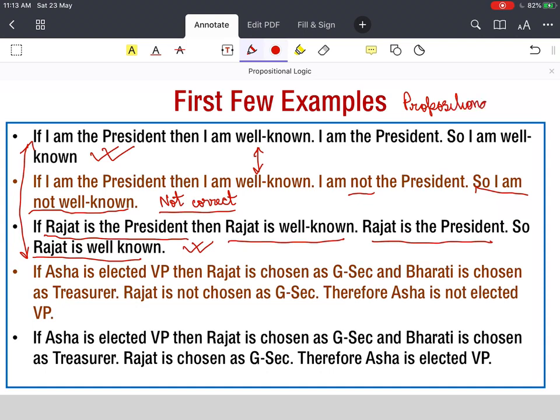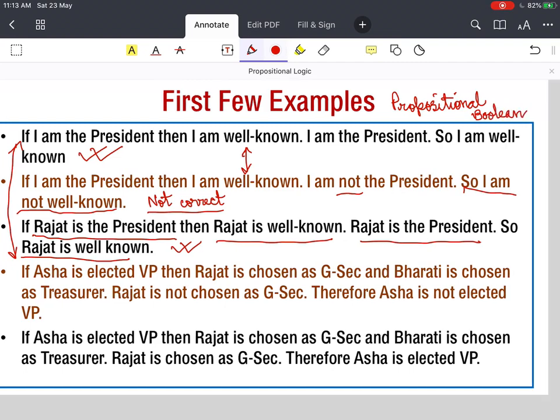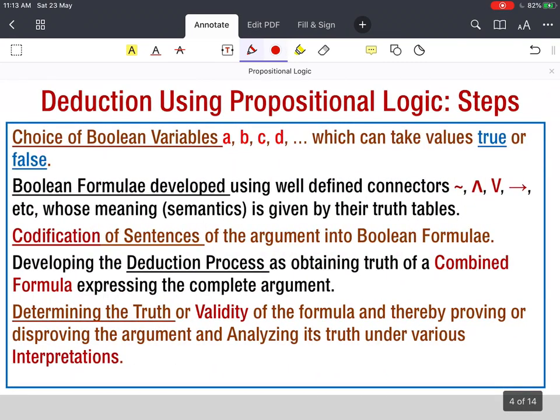That is what we do in what is called propositional logic or Boolean logic. So what do we do in Boolean logic? We take these English language sentences.